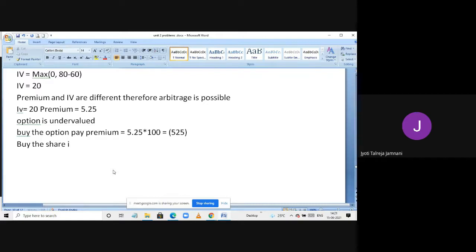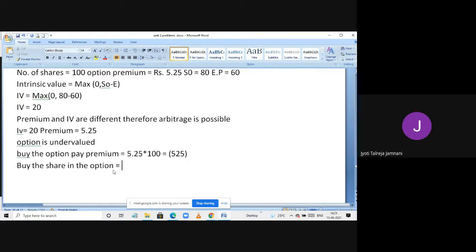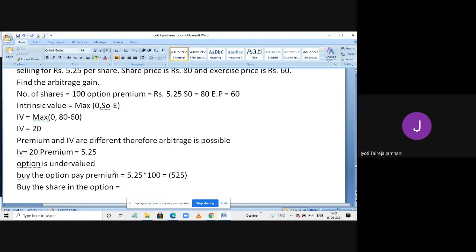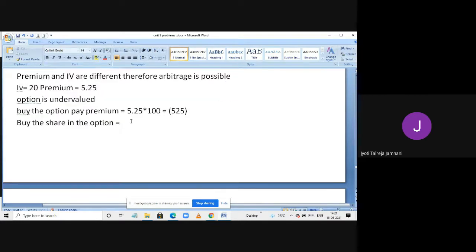You have the right to buy the shares in the option for 60 rupees. Exercise price is 60 rupees. So 60 into 100, 6,000 you pay. Then you sell the same shares in the open market for 80 rupees. 80 into 100, you gain 8,000.